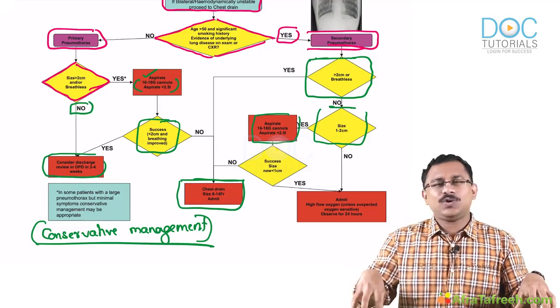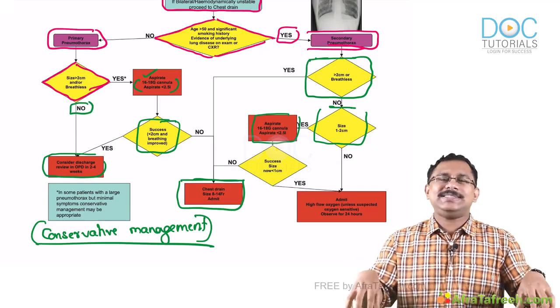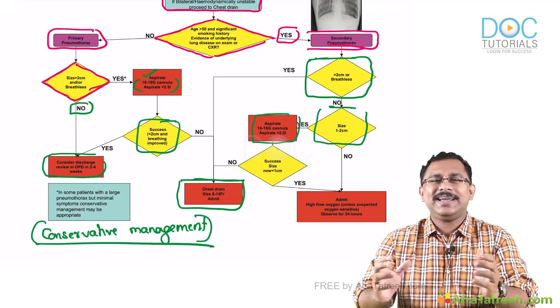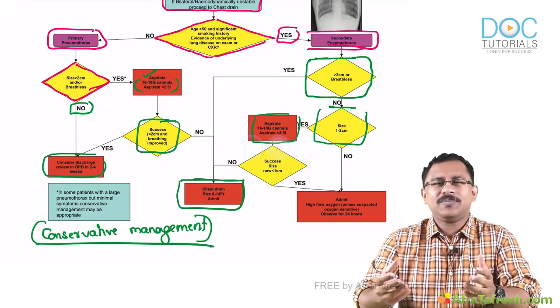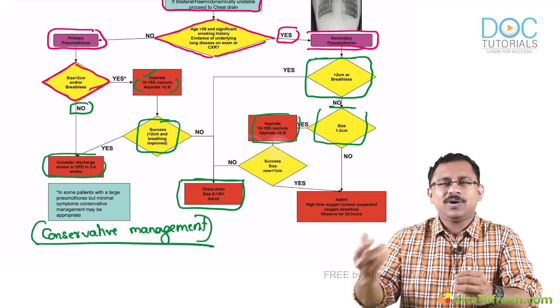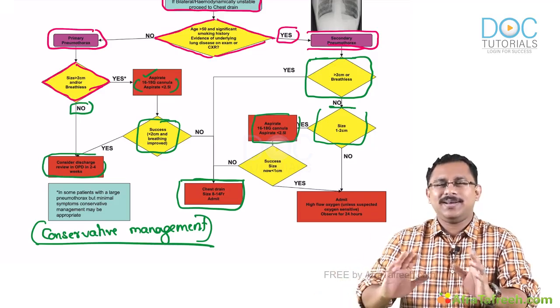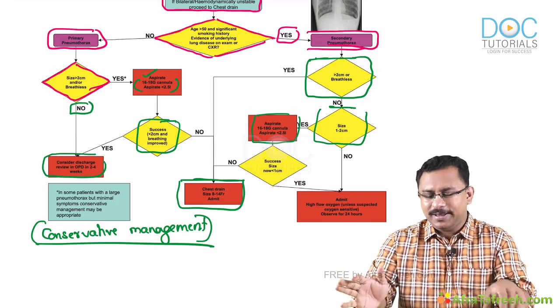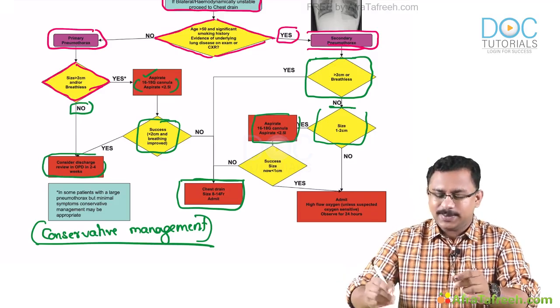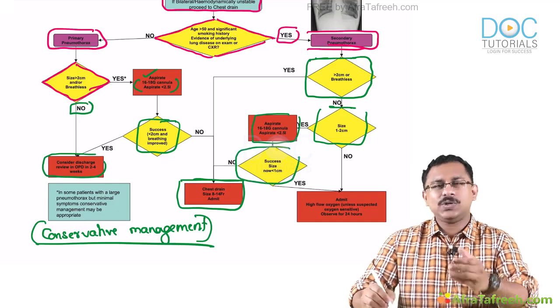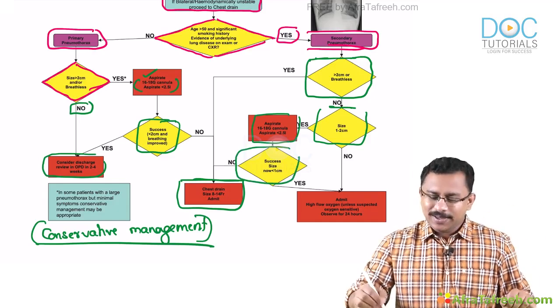Because in secondary pneumothorax, you already know that the patient has some other underlying lung disease. So again, you would like to secure the lung by putting an intercostal tube, so that you are also safe. But if the size is 1 to 2 centimeter, you can attempt aspiration as per the guidelines, and if there is no success, you can go for the chest tube.